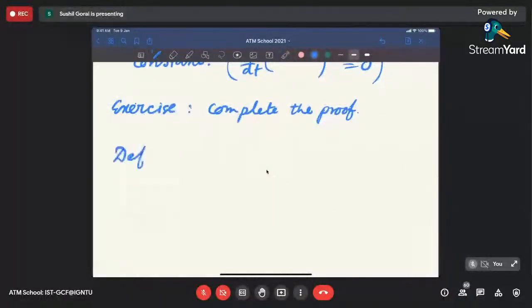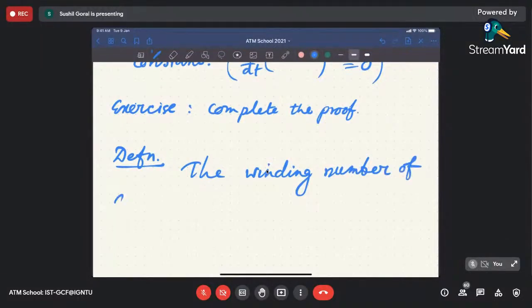So definition: the winding number of a piecewise smooth curve gamma with respect to a point A.